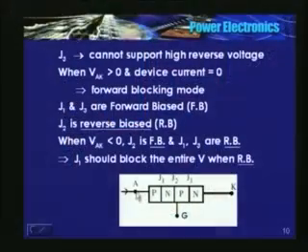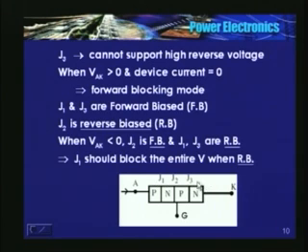So look here, VAK is positive. So P is connected to, say, the positive of the battery, N is negative. So definitely J1 is forward biased and J3 is forward biased.